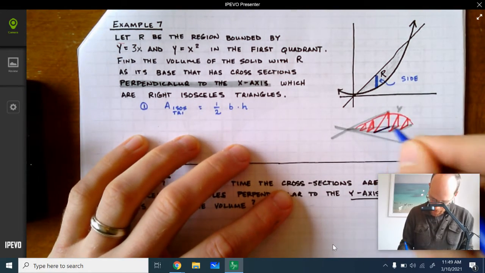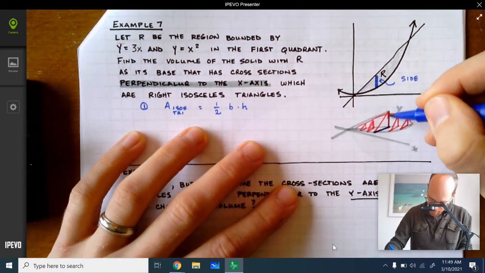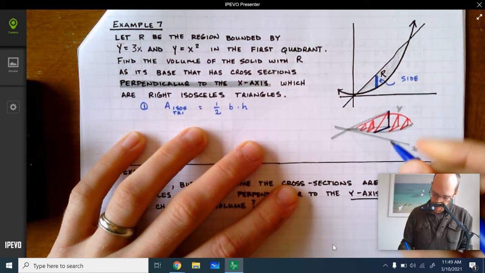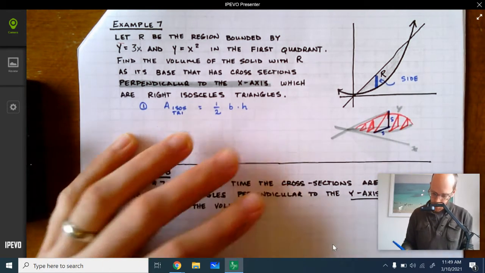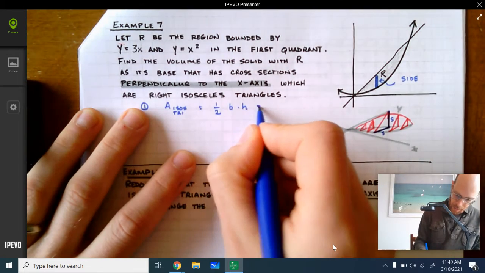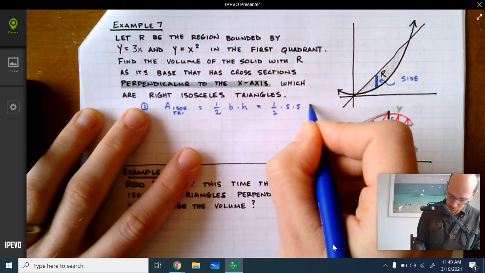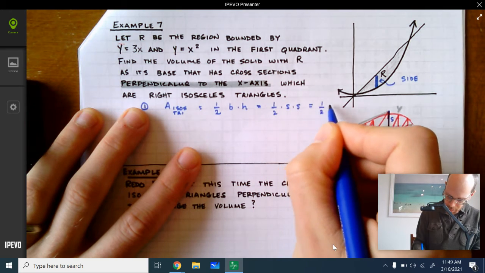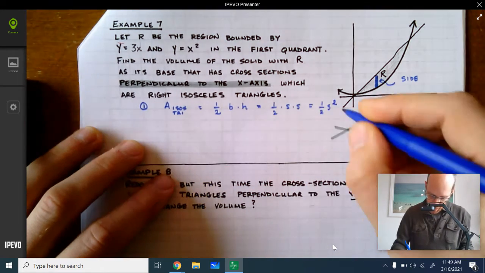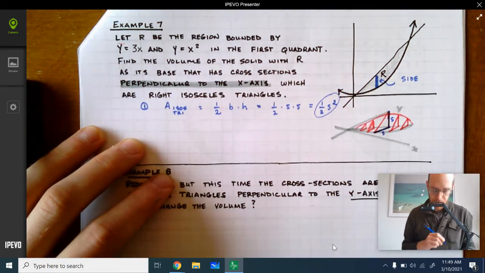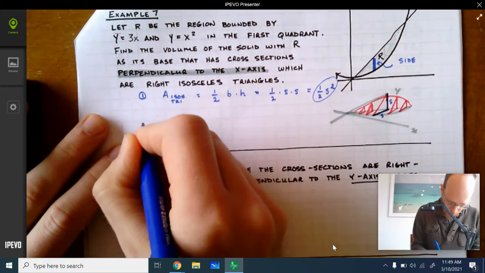Specifically, it's this side. Because it is isosceles, you know that this side is the same. So if this is S, this would also be S, meaning that we would get 1/2 times S, or 1/2 of the side length squared. Okay, so that's step 1.